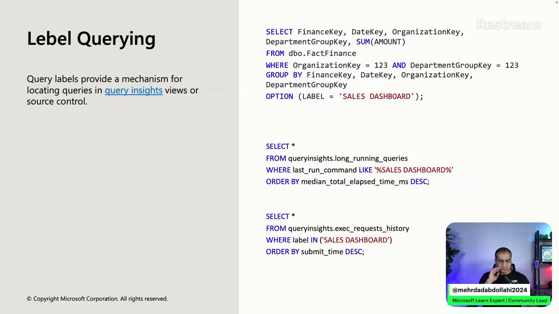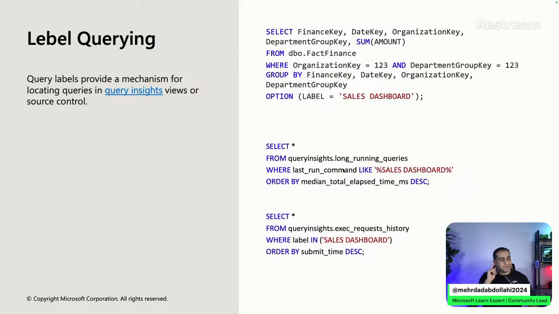However, when you run your script, it is not going to be available in your insight views right away. Maybe it takes up to 15 minutes, but it may be available right away, depending on how busy your warehouse is.